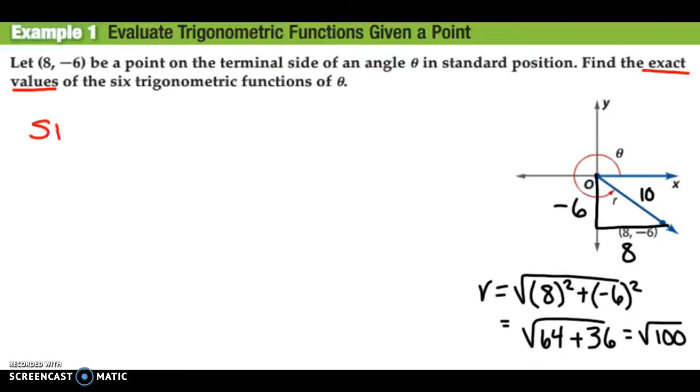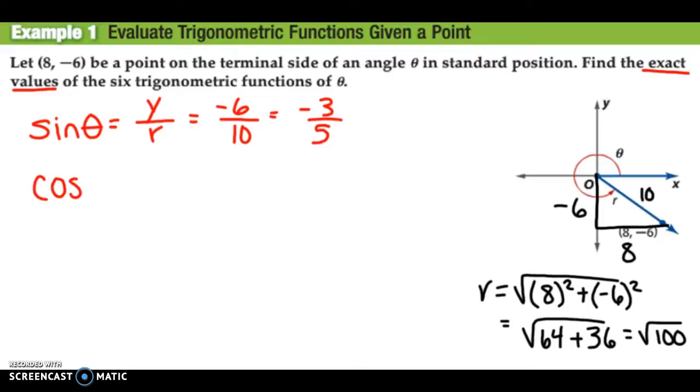Let's look at sine of theta. Remember, sine of theta was y over r. Our y is negative 6, and our r is 10, which reduces to negative 3/5. Then we had cosine of theta, which was x over r.